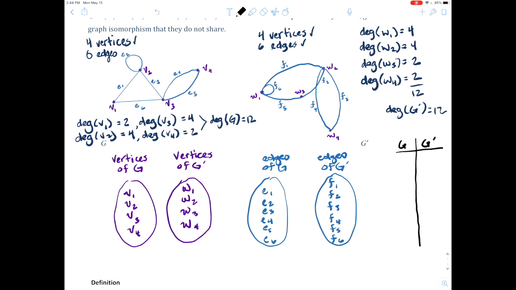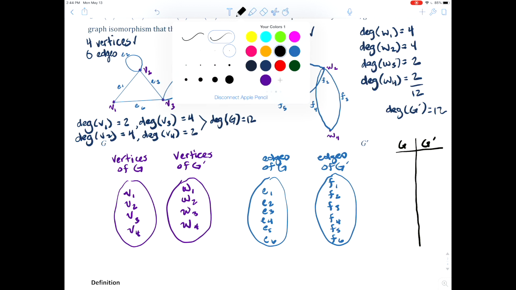So in G, what do we have? I'm going to just start with V1 and V2, right? So we've got, I'll do some different colors so it's easier to see.